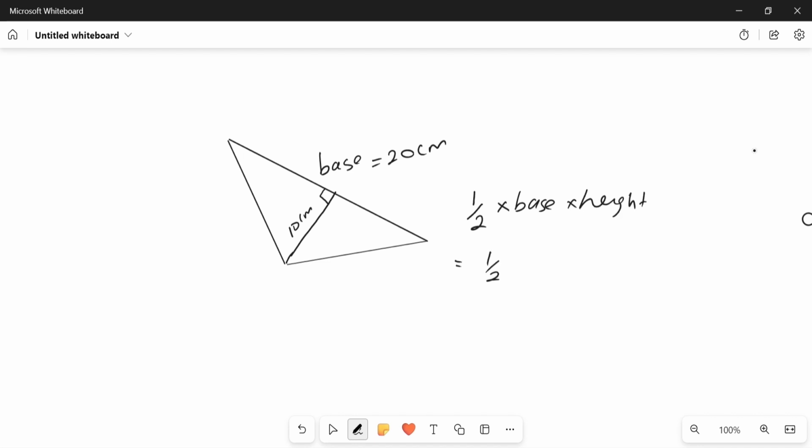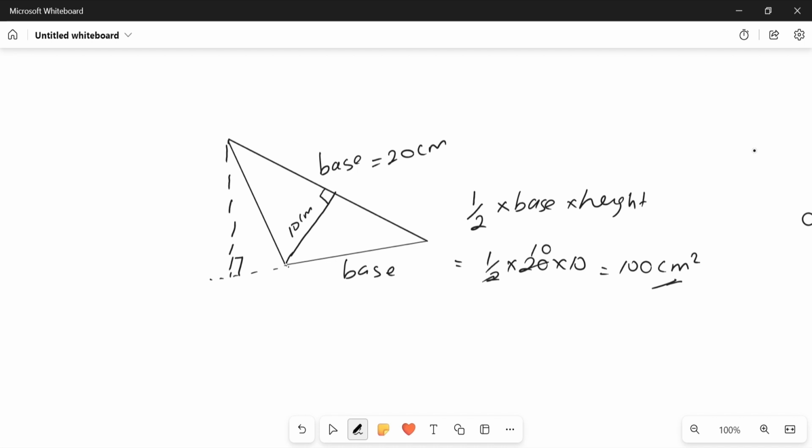So half into 20 into 10, that is 100 centimeter squared. Always remember, you can take anything as a base. Suppose if you take this as a base, the height will be here. This is going to be the height.